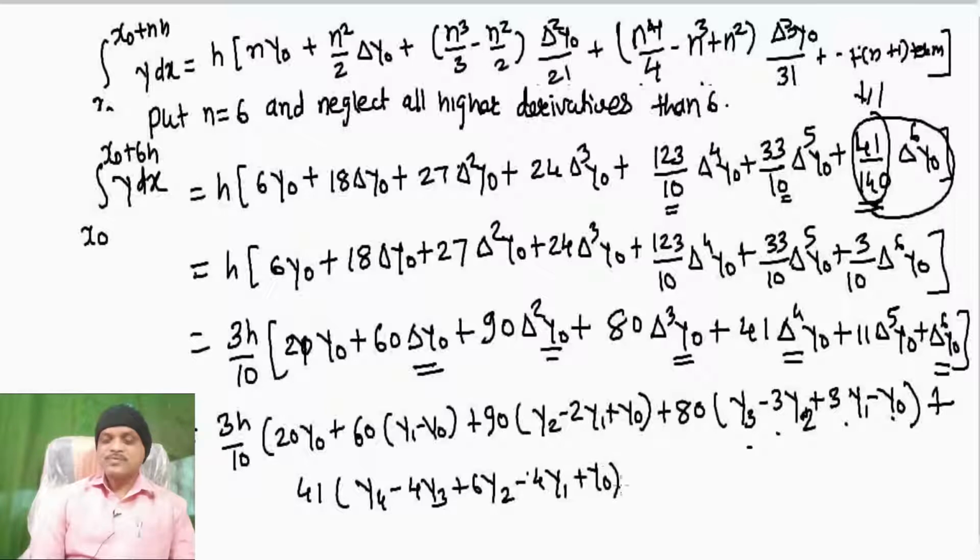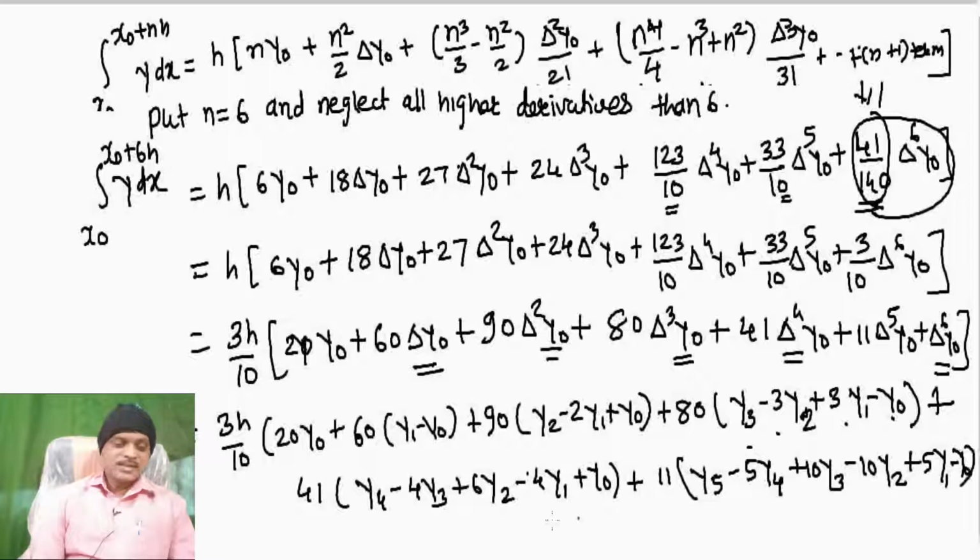Plus 11 into delta raised to 5: y5 minus 5 into y4 plus 10 into y3 minus 10 into y2 plus 5 into y1 minus y0.